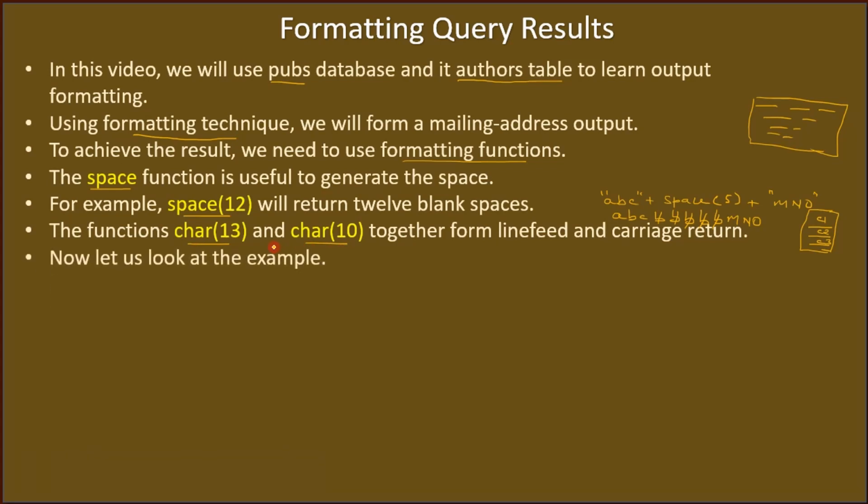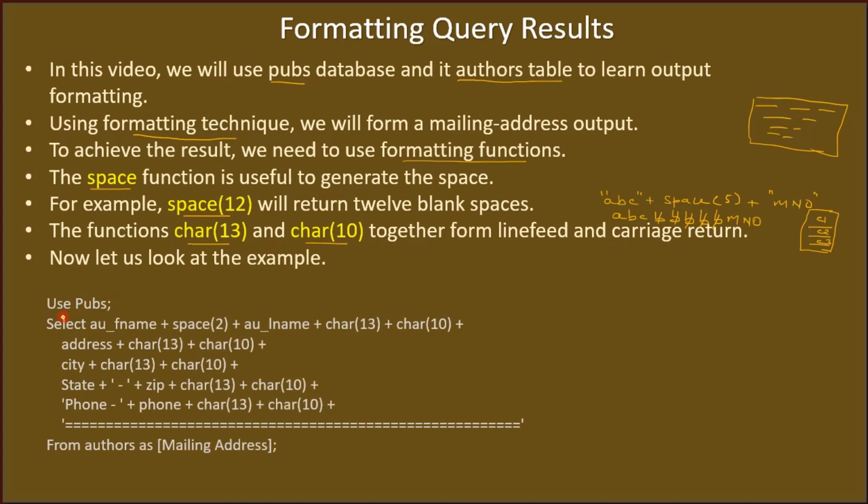Now let us look at the example. Here we are picking data from the authors table of the pubs database. We select author's first name, space of 2, author's last name, char of 13 and char of 10.